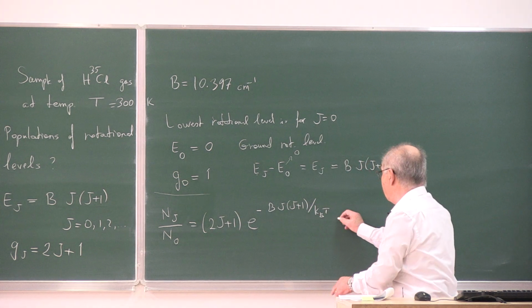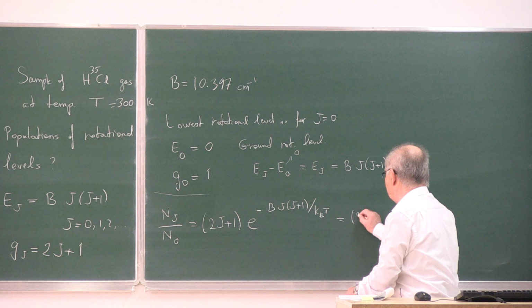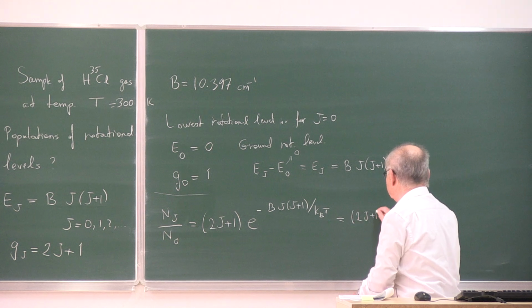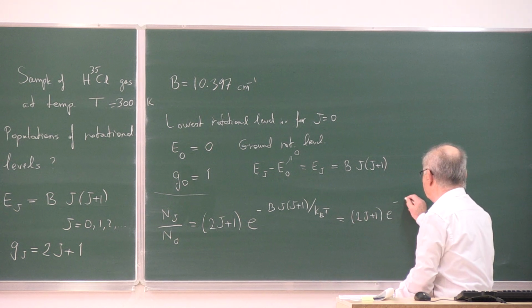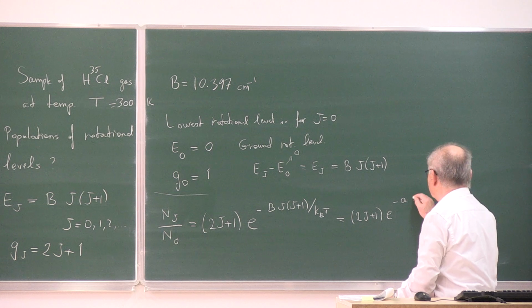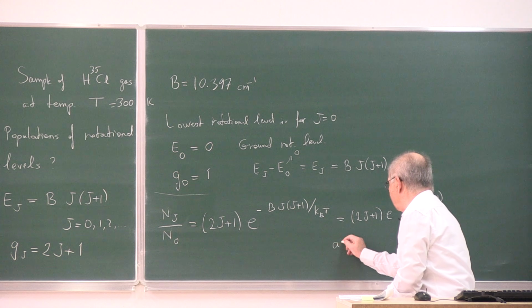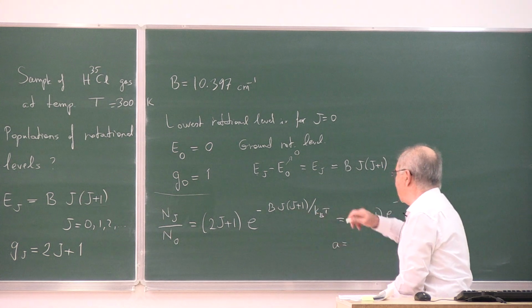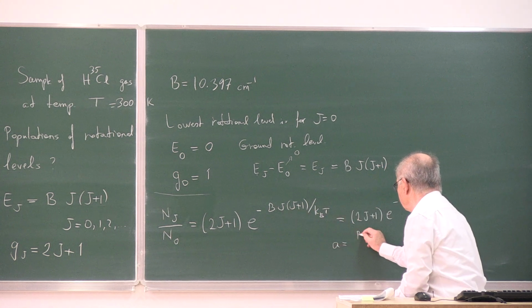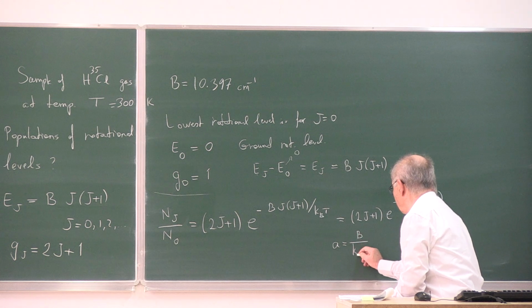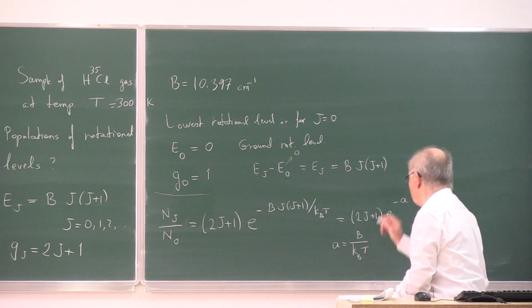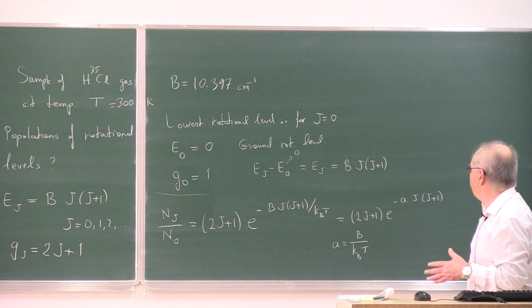So we can write this as 2 times J plus 1 times e to the minus A times J times J plus 1, where A is B divided by kT.